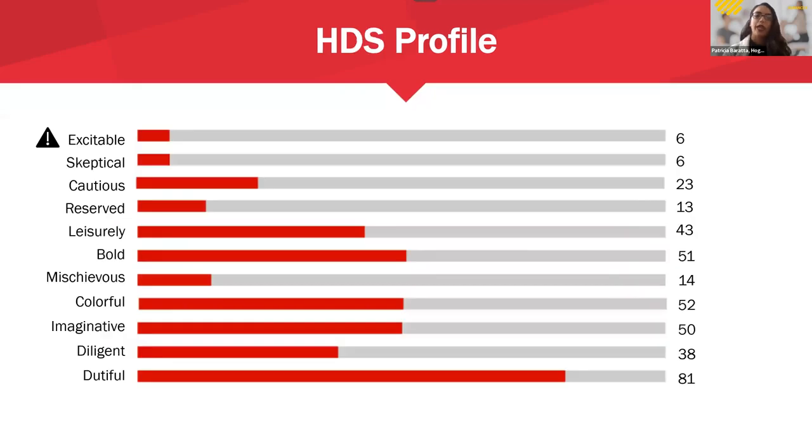And when we go to the HDS to add to our understanding, you might ask, what do I notice here? So what do I notice in the HDS profile that can add to my understanding? We notice a low excitable score. And so we know with a low score on excitable, it's someone who appears to be more relaxed, more emotionally mature, not easily provoked, right?